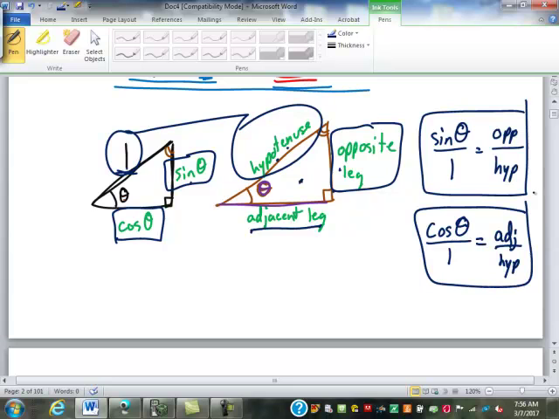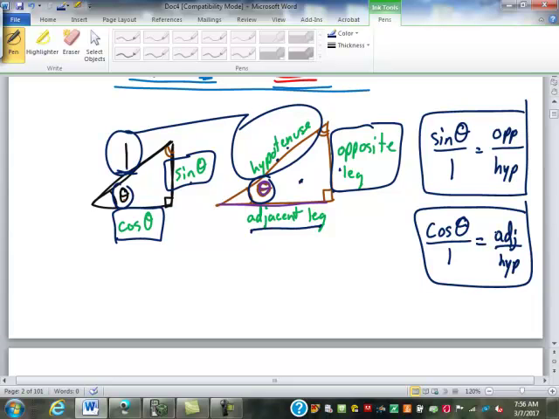So the cosine of theta is equal to the adjacent leg over the hypotenuse. Notice I didn't put any lengths into this triangle yet, because all right triangles, if they have that one angle that's equal to theta, the sides are going to be proportional. It's going to be similar. So there's sine and cosine.